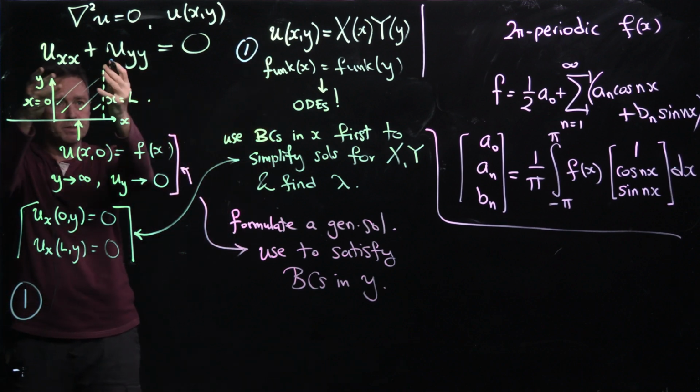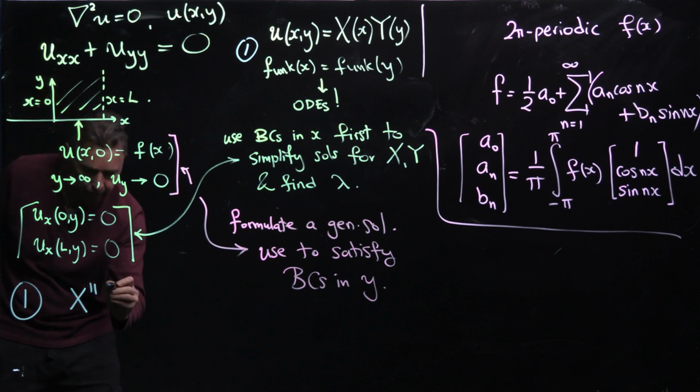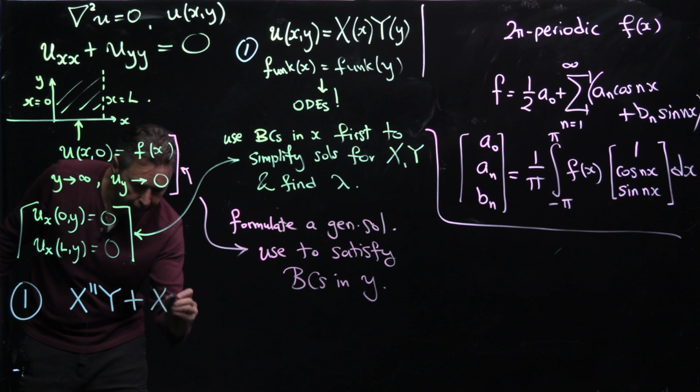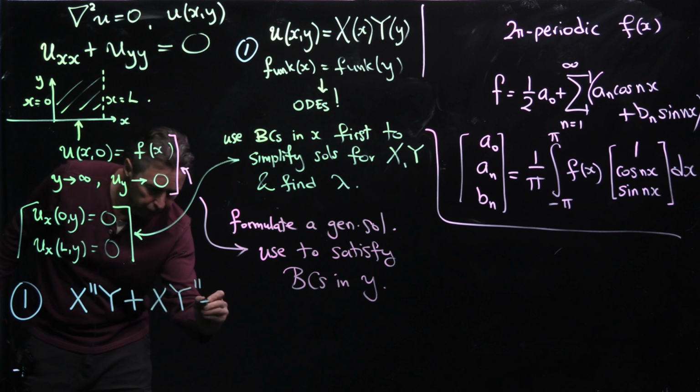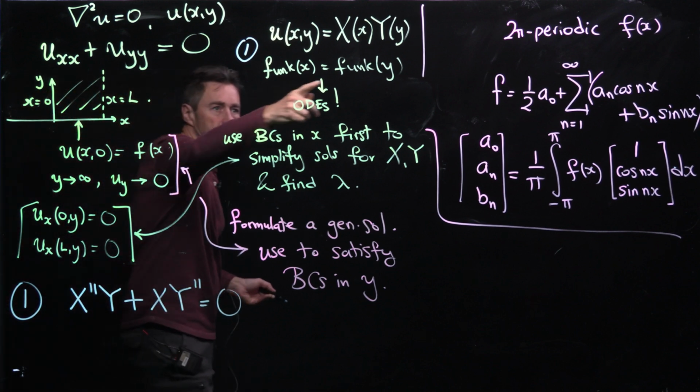I put my decomposition into there. So that means I've got two derivatives on big X times Y for u_xx, and then I've got X times two derivatives on Y for the other one. I need to write this like that.